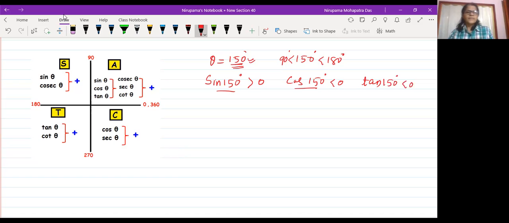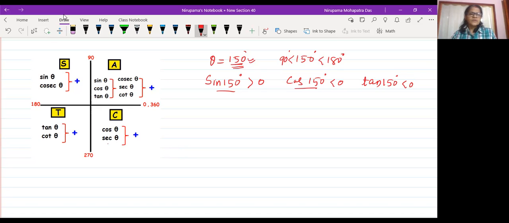Okay, and now come to the third quadrant. Third quadrant, T, in ASTC. So tan theta is positive, so cot theta is also positive. Now in the fourth quadrant, C, cosine is positive, so cos theta positive means the reciprocal sec theta will also be positive.